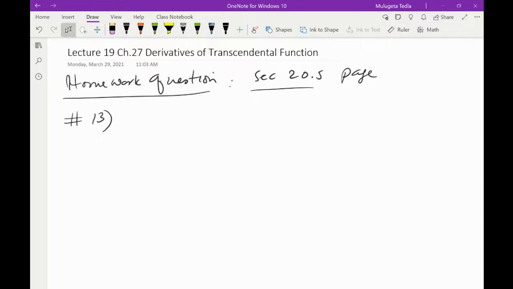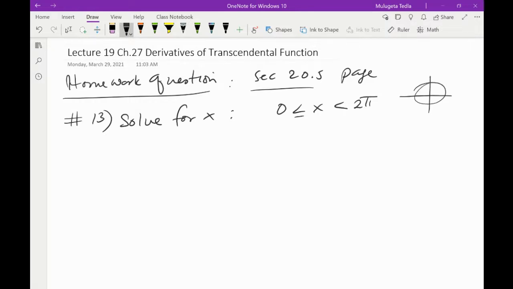So solve for x in this interval, so it's just in the four quadrants. Number 13 is sine of 2x, sine x plus cos x equal to 0.